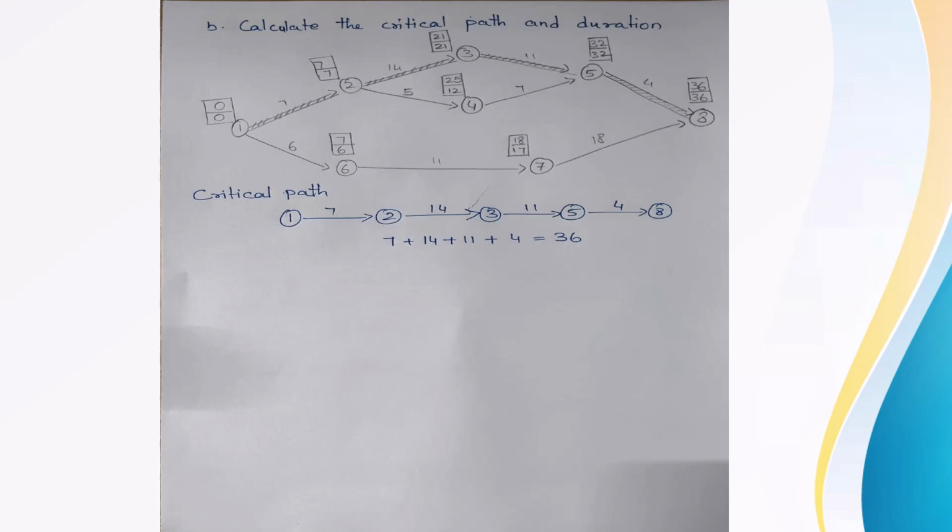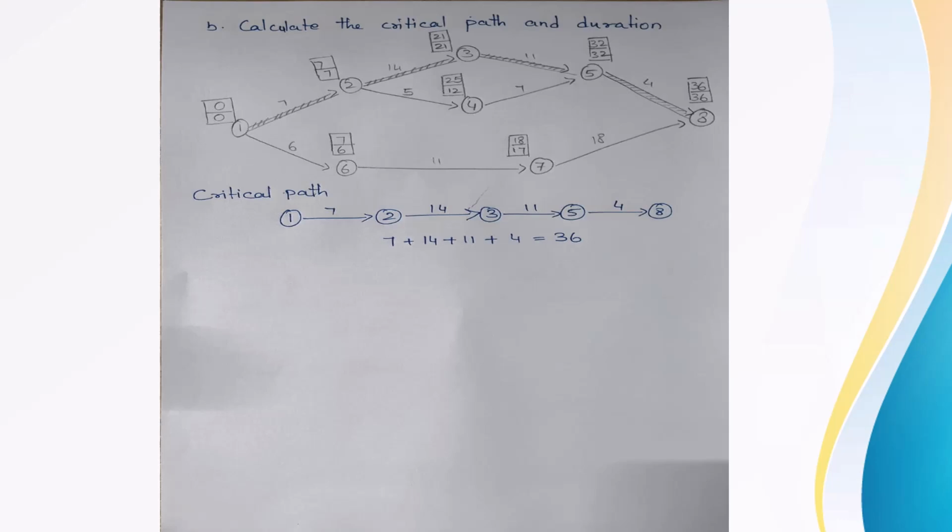We subtract the duration from the LFT of the later activity to get the LFT of the earlier activity. Now we'll go from activity 5 to 3. The LFT of activity 5 is 32 and the duration of activity 3 to 5 is 11, so 32 minus 11 is 21. Whereas the activity 4 to 5 duration is 7, and the LFT of activity 5 is 32.